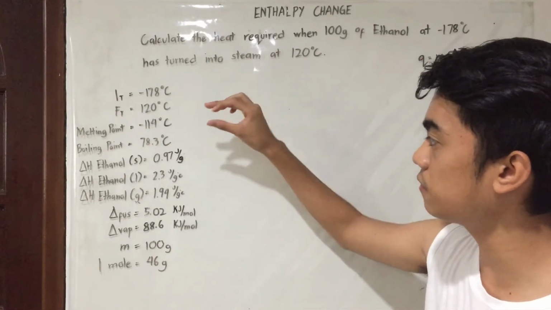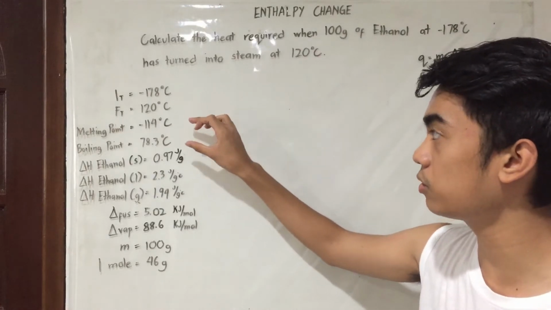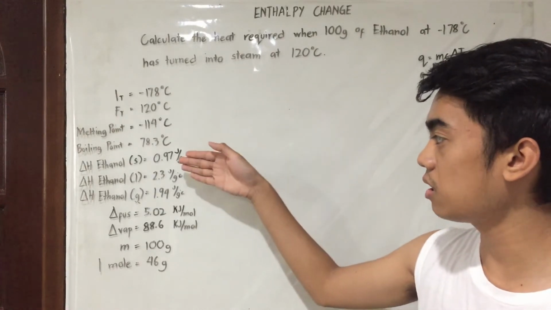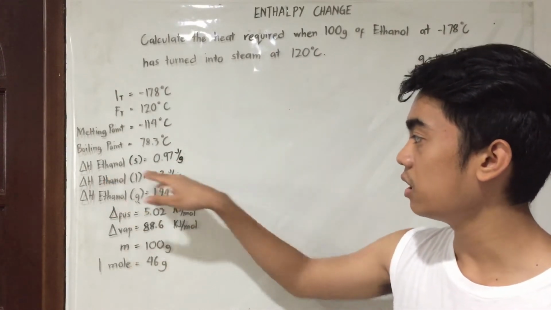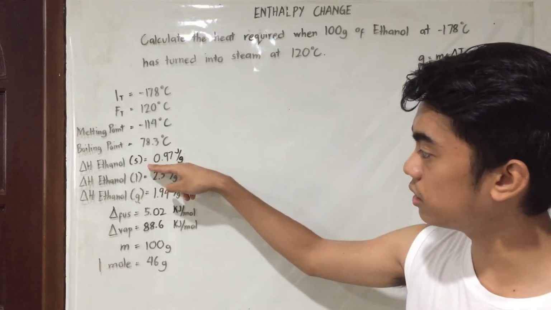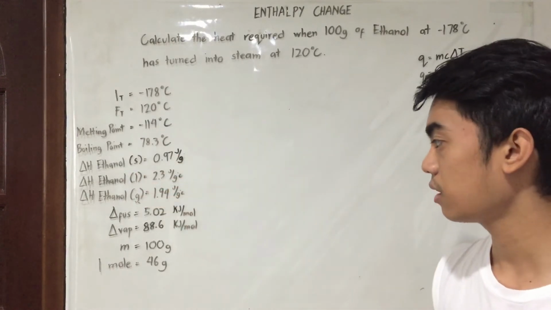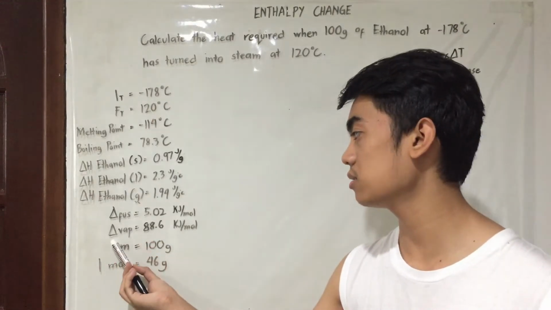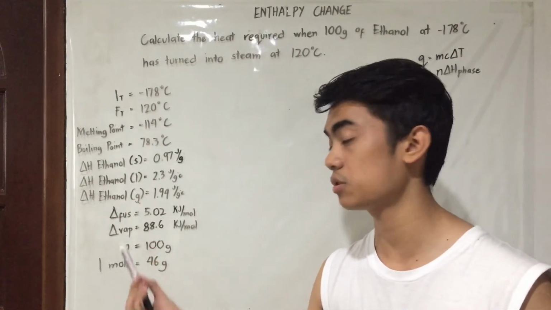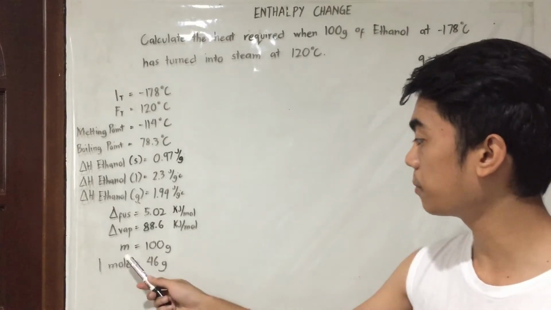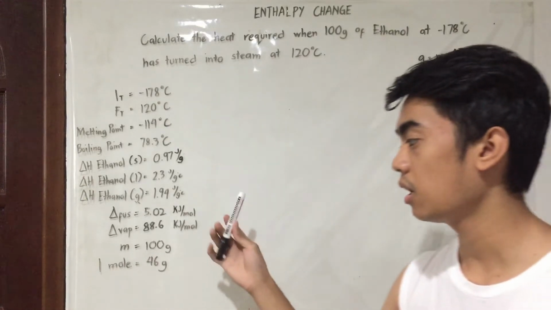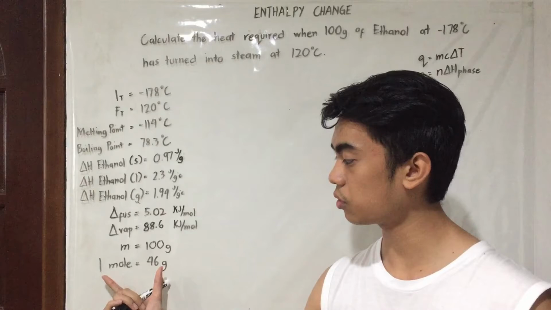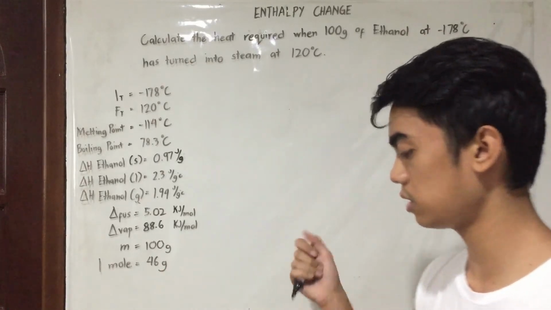We have here the specific melting point and boiling point of ethanol, and this is the specific heat of ethanol in solid, liquid, and gas phases. And this is the specific heat capacity of fusion or melting, and this is the specific heat capacity of vaporization. And this is our mass for ethanol, 100 grams, and our conversion for 1 mole is equal to 46 grams.